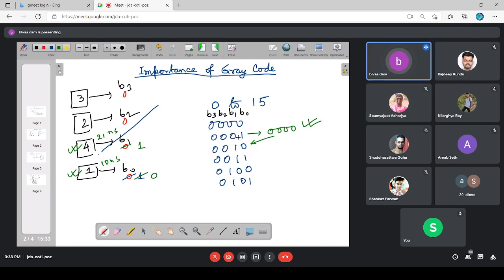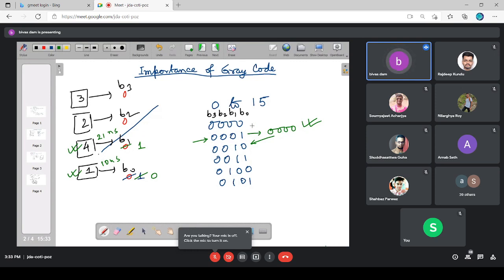Anyway, forget about those things. We'll see later. So after 0001, when it is required that the output should be 2, after 10 nanosecond, I'll be getting a 0, 0, 0, 0 pattern.